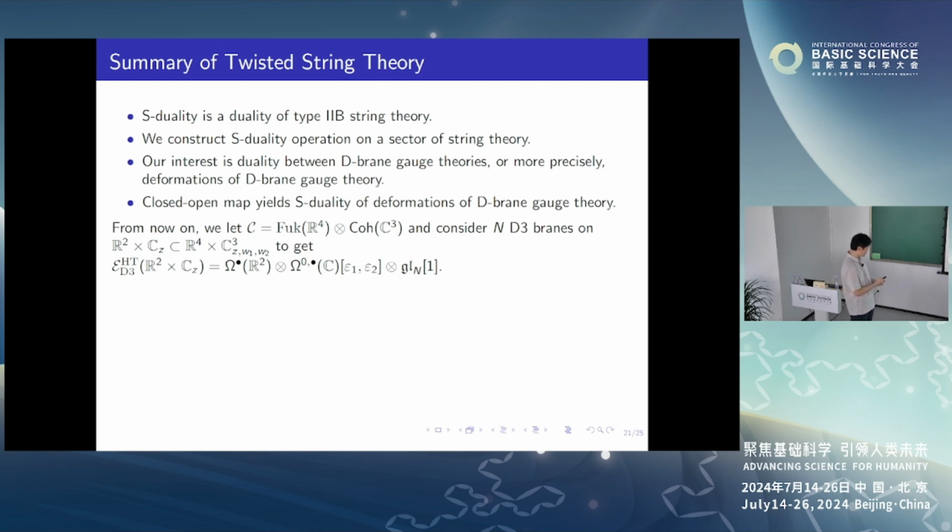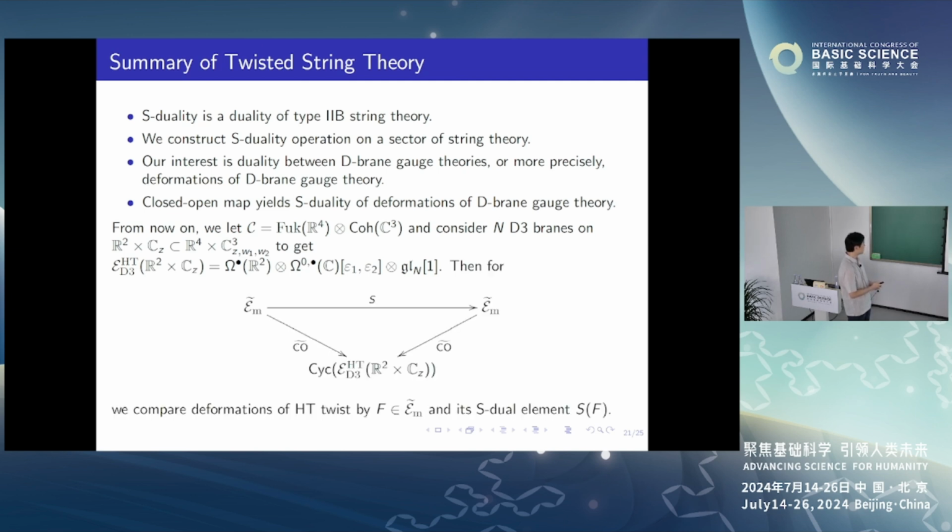We are going to think of this particular case of a Calabi-Yau category. And what I'm going to do is this picture. So this is closed string field theory. This is the complex which governs deformations of a certain subsector of 4D N=4 theory.